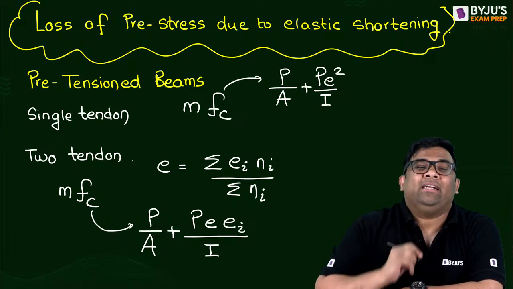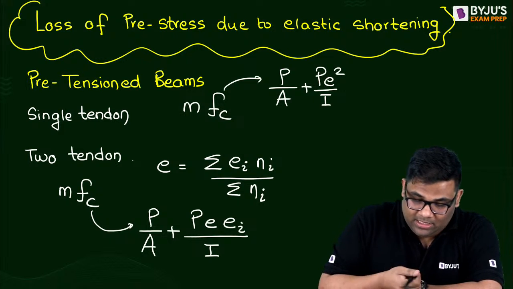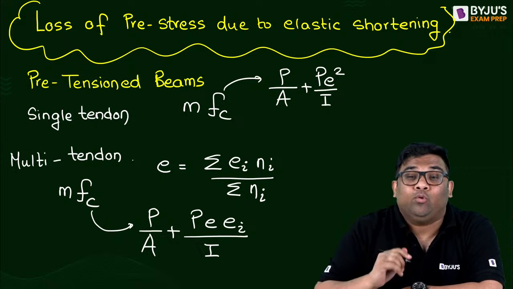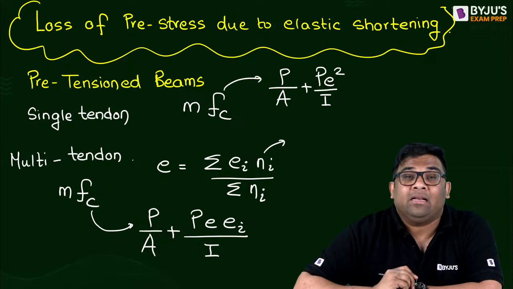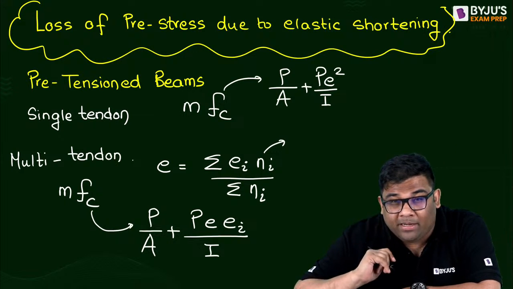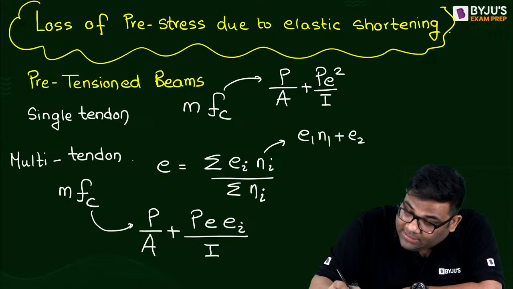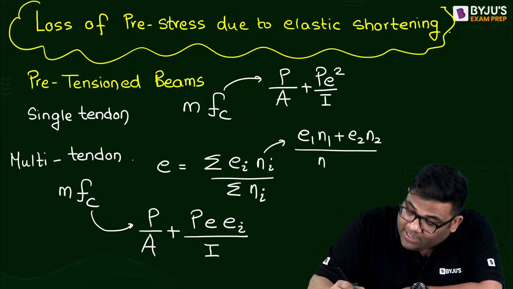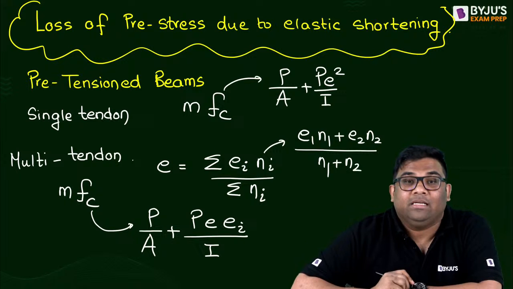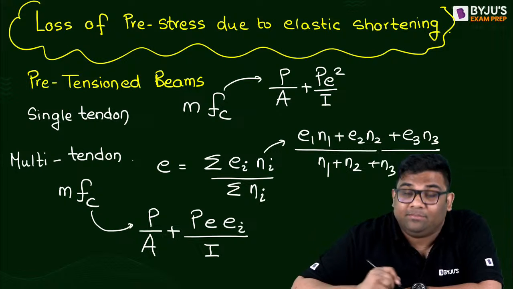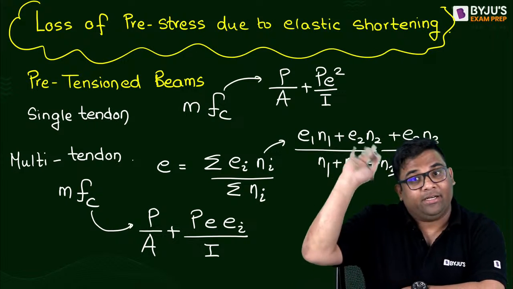If there are only 2 tendons, I'll write it as multi-tendon. It will be E1 N1 plus E2 N2 by N1 plus N2. If there are 3 tendons, then plus E3 N3 and plus N3. If there are 4 tendons, it continues like this, right?